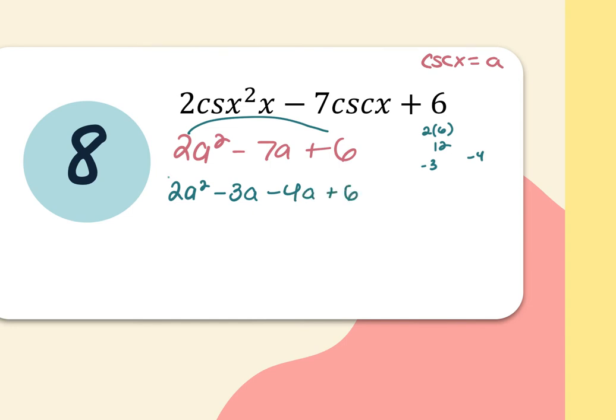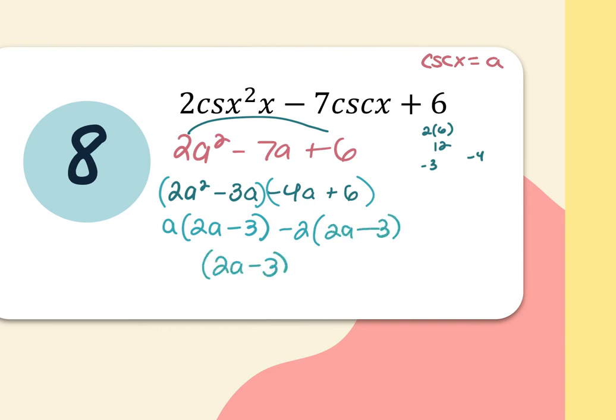And then factor by grouping. Take out a negative 2 here. I get 2a minus 3, and then a minus 2, and then I got to plug the cosecant back in for the a.